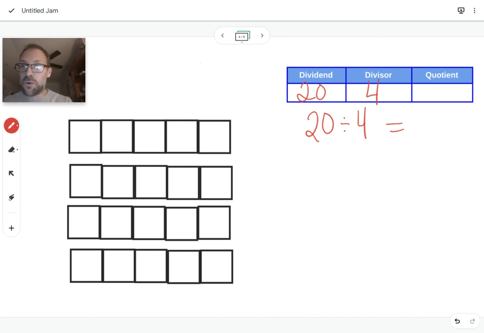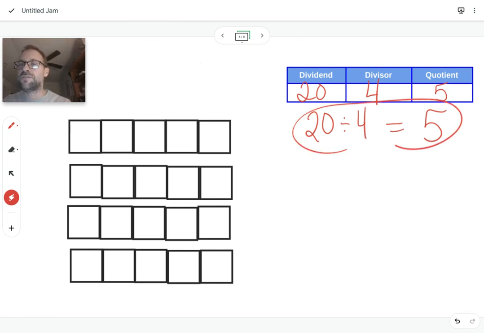Okay, did you say the quotient is 5? Because, yes, there's 5. 1, 2, 3, 4, 5. There's 5 squares in each group. The quotient to a division problem is the number of things in each group. Very good. All right, so now we have the full equation. We have 20 divided by 4 equals 5.